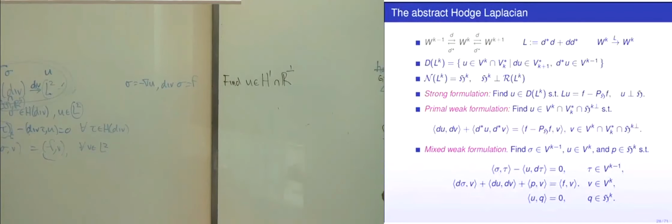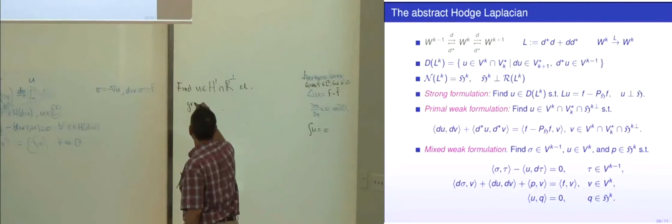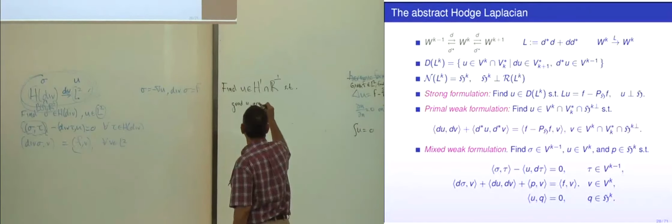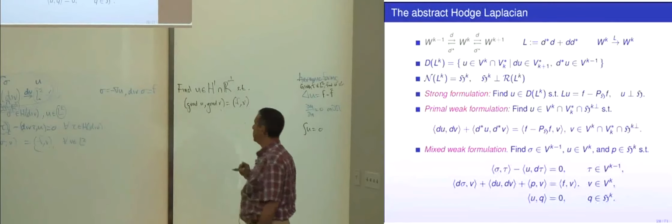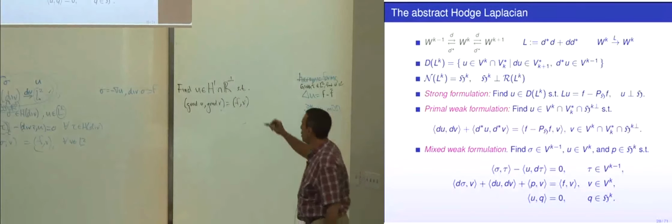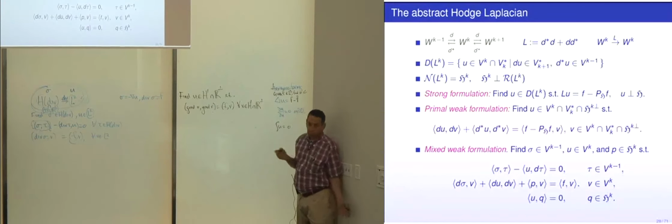It should be orthogonal to constants, such that grad u, grad v equals, these are L2 inner products, the inner product of f with v, for all v in H1 orthogonal to constants. That's the weak form of the Neumann problem.